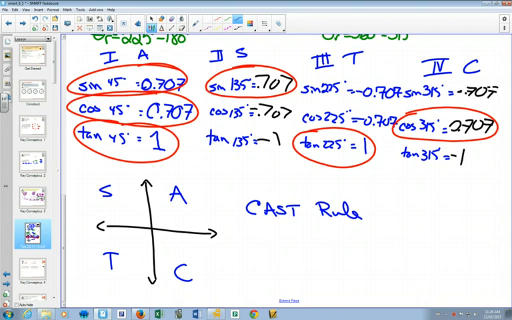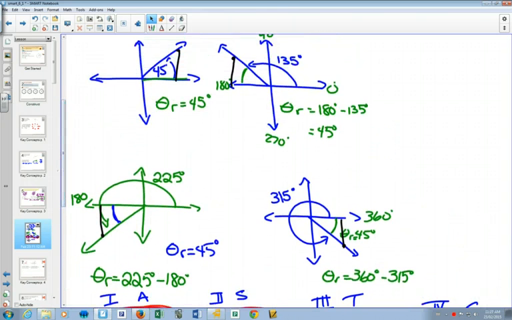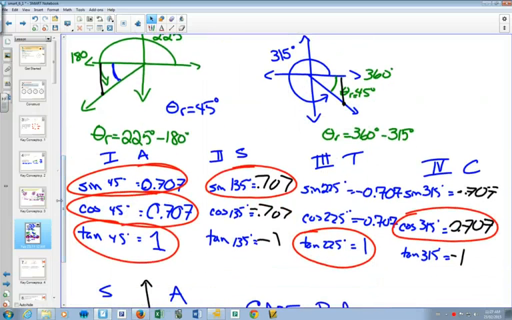But it's just an acronym, again, to help you remember what things are positive in what quadrants. So the idea is if you know what's happening in quadrant 1, then you know what's happening in all quadrants. The only thing that changes is sometimes the answers are positive and sometimes the answers are negative.